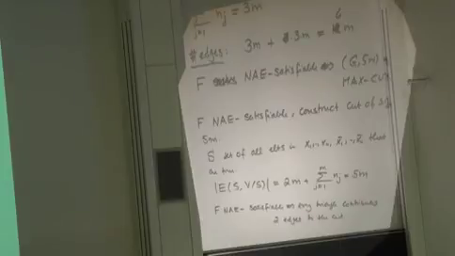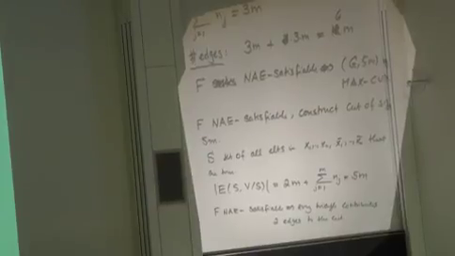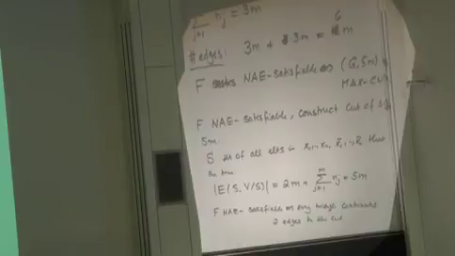So if we have a satisfying assignment, that's actually the easy part of the proof. The harder part of the proof is to show that if there is a cut of size 5m, then there is also a satisfying assignment. But I just told you how essentially this works. If you have a cut of size 5m, then in every triangle, one element is on one side of the cut, and the other two elements are on the other side of the cut.